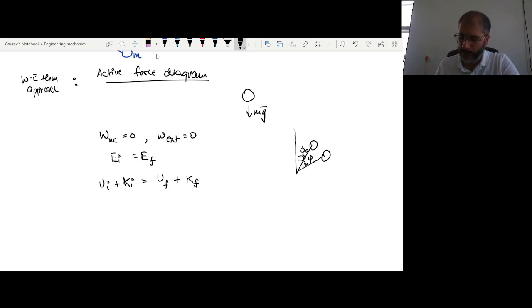So let's see what the initial potential energy is. Let's say that the initial potential energy was 0, that is when the mass was at this height, and the initial kinetic energy was also 0 because we had left the mass when it was stationary.